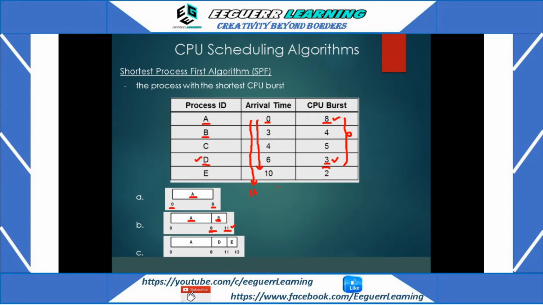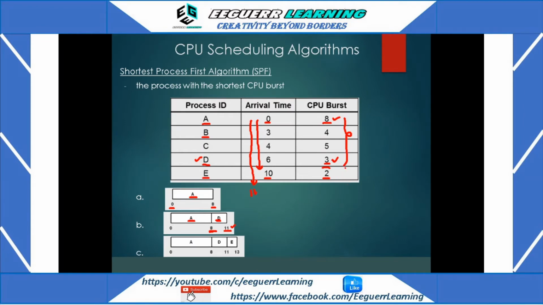So it already sees the value here for the arrival of 10, or the arrival of process E, and the CPU can now detect the CPU burst of letter E, which is 2.